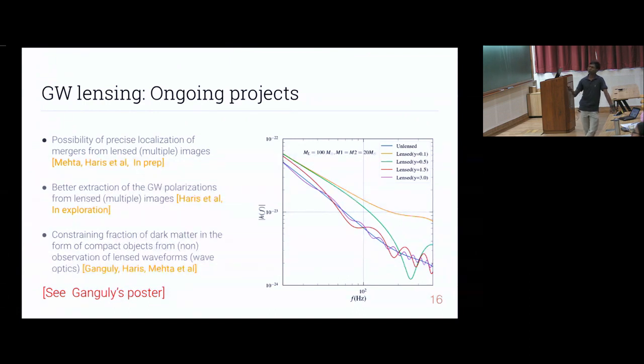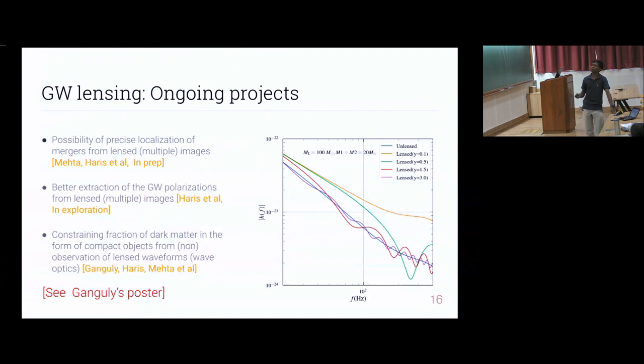If they are present, the incoming gravitational wave can be lensed by such compact objects, and the observed signal will be deformed like this. You can see the blue one is the unlensed event, and the other curves are the lensed gravitational wave amplitudes when the signal is lensed by various different lenses.